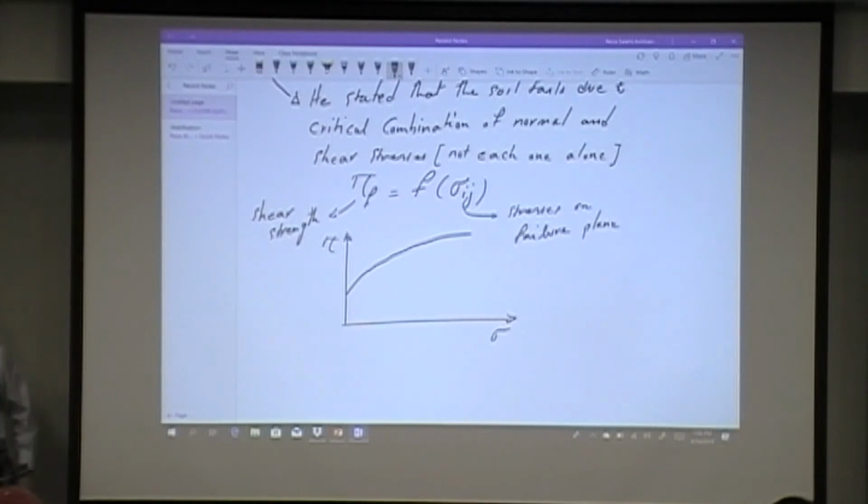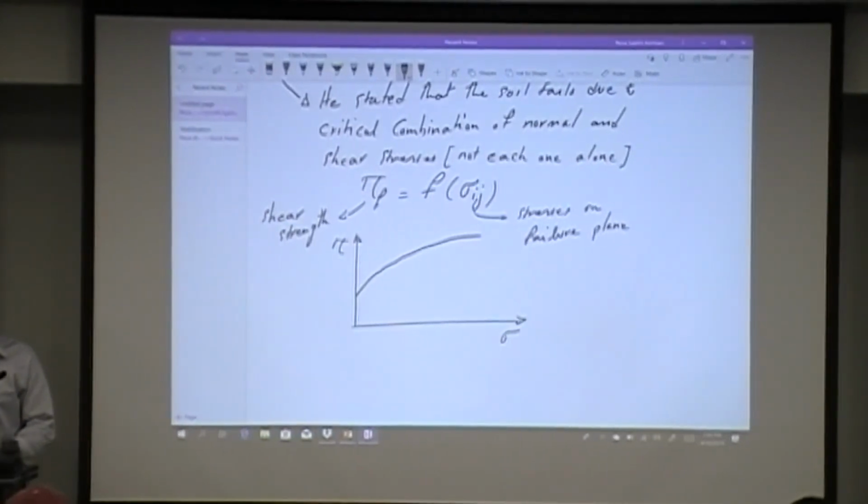So you have a nonlinear function here, right? This is your tau on the y-axis, and you have the normal stresses and also the combination of the stresses happening on the x-axis. Alright, so this was the contribution of Mohr. Now let's see what Coulomb said here.